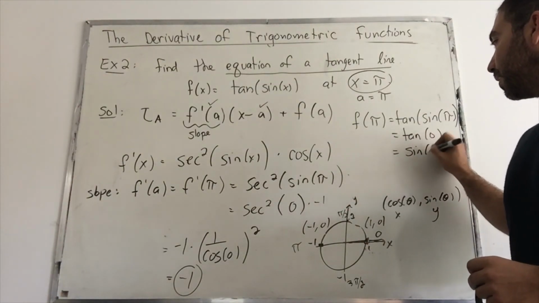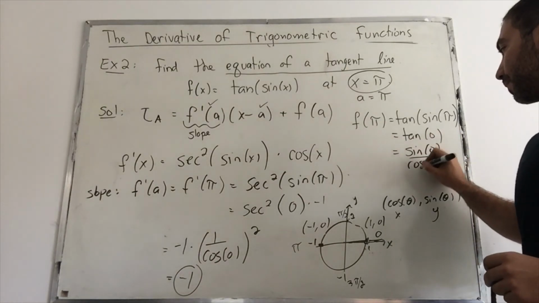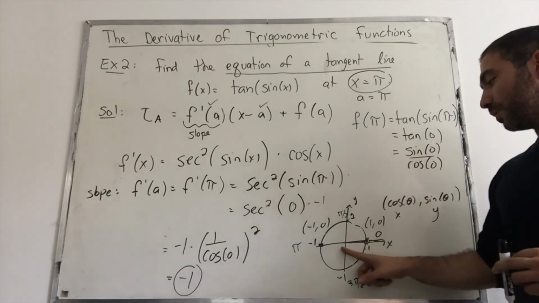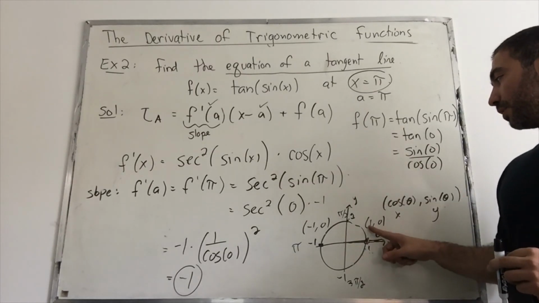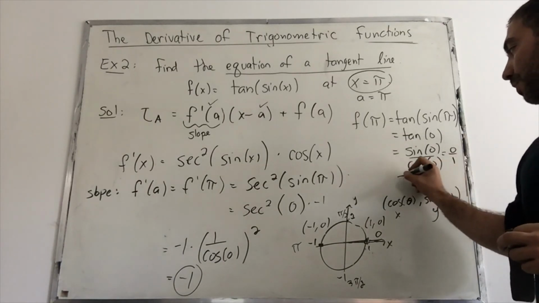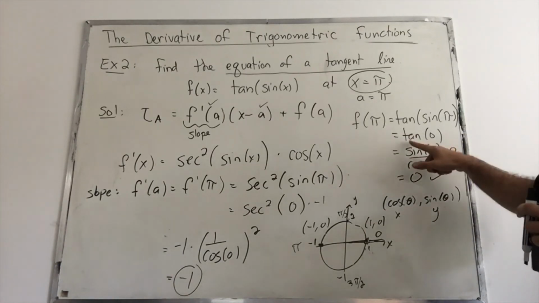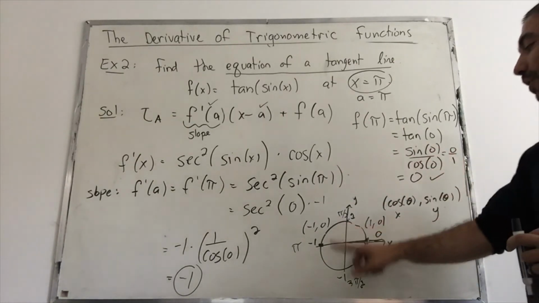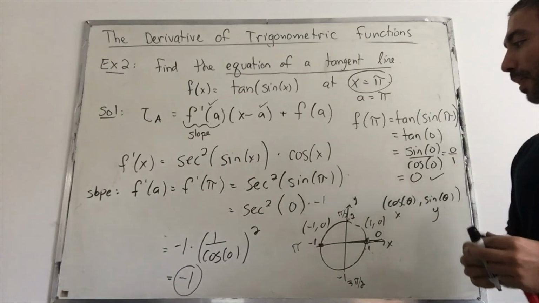So tan of 0 is sine of 0 over cos of 0. Now we can refer back to our unit circle. Sine of 0 is 0 and cos of 0 is 1. So this is 0 over 1, which is just 0. If you knew tan of 0 is 0, then that's fine. If not, you can get it using the unit circle.